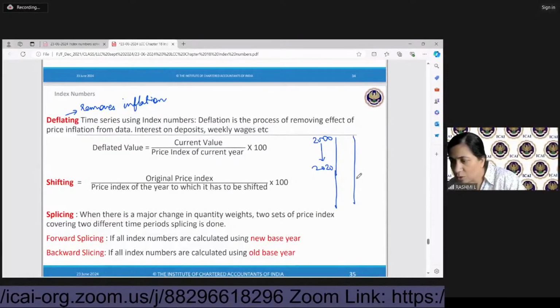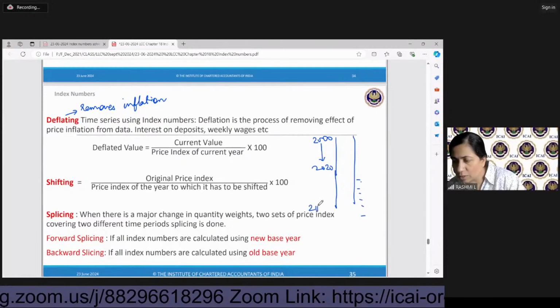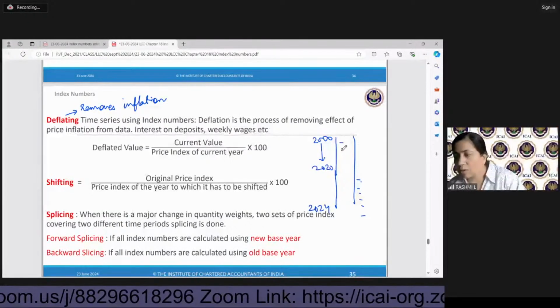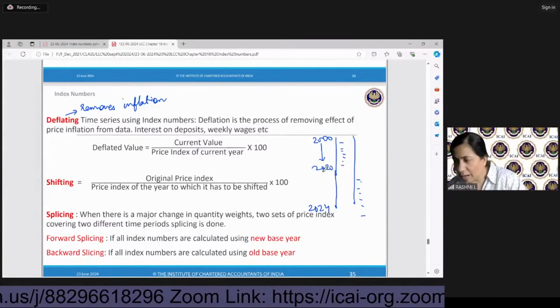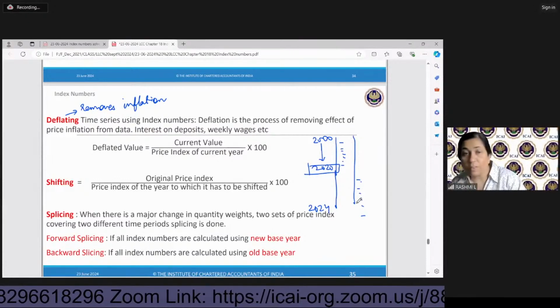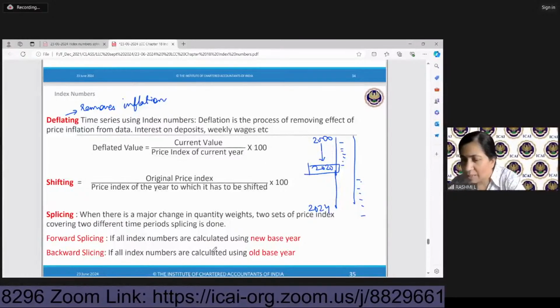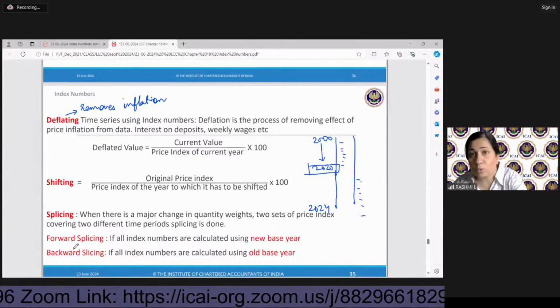And then from 2020 we will have other data up to say 2024. So here you had all this data, and then from 2020, the year of splicing, you will have the further data. Okay, splicing.